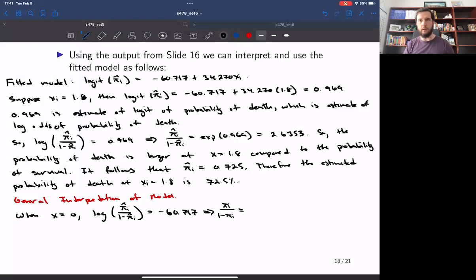But this is basically saying that when there's no dosage, the odds of death are 4.275 times 10 to the negative 27, which is basically saying that if you don't expose them to any carbon disulfide, the probability they die is 0, which makes sense. You wouldn't expect there to be a probability of death associated with 0 dosage.